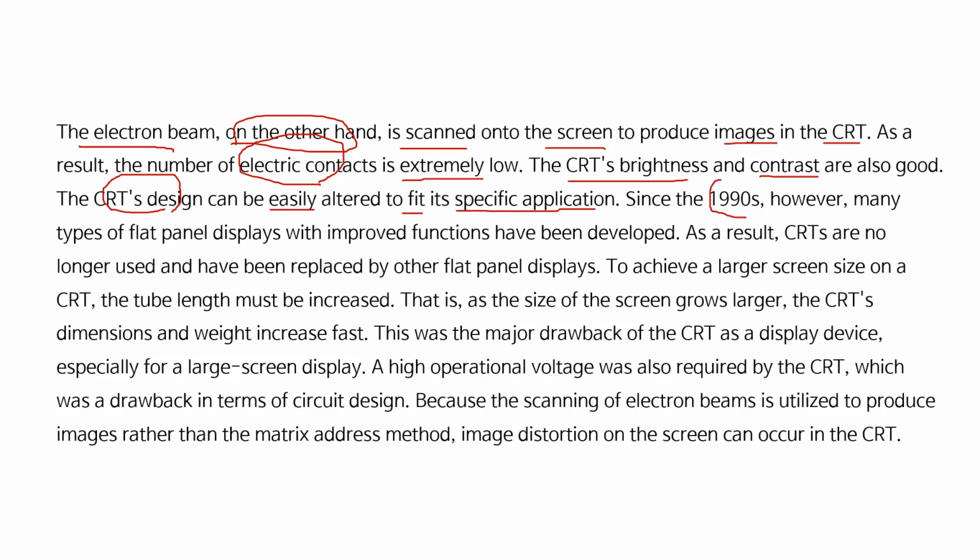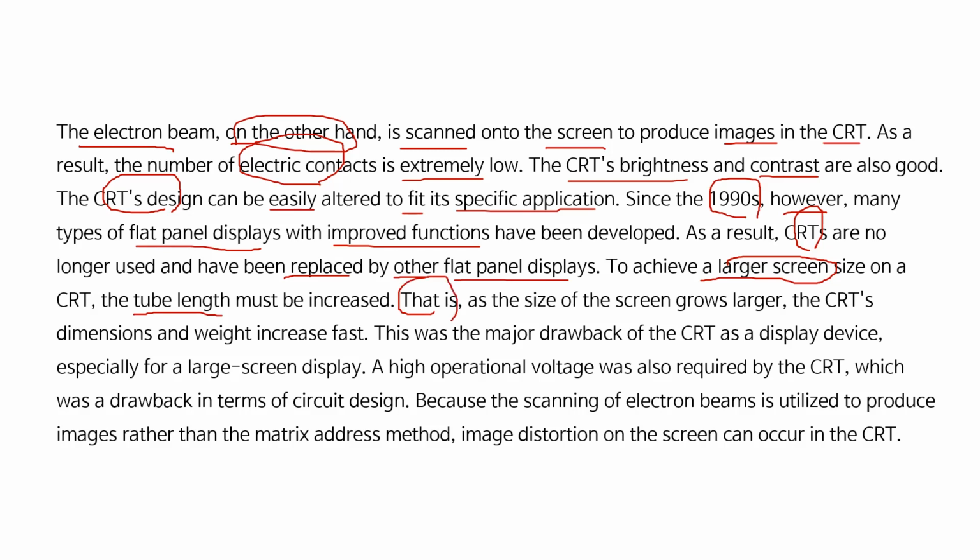Since the 1990s, however, many types of flat panel displays with improved functions have been developed. As a result, CRTs are no longer used and have been replaced by other flat panel displays. To achieve a larger screen size on the CRT, the tube length must be increased.